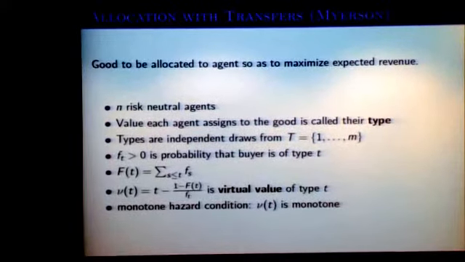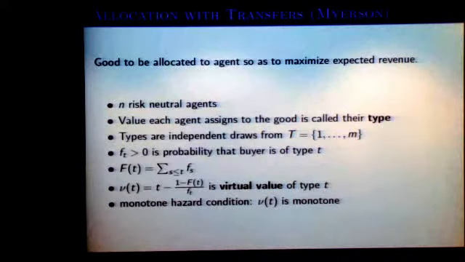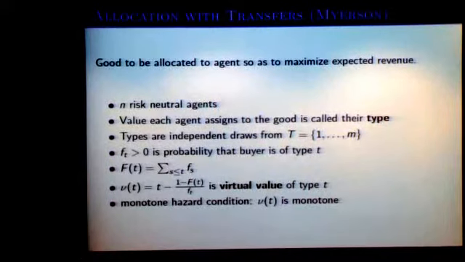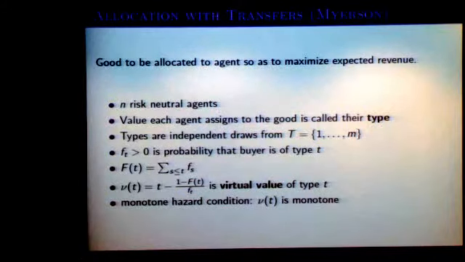You will see a discussion of Myerson's optimal auction in Jason Hartline's lecture, but Jason will focus on the case of continuous types. I'm going to assume discrete types. Once again, whatever you see in the discrete case, by taking appropriate limits, you can get the continuous.